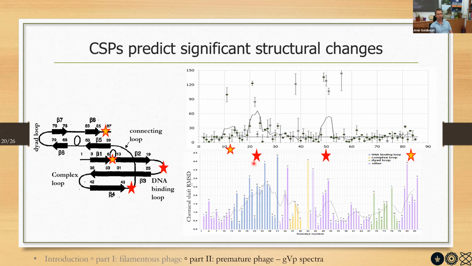These are marked in different colors. Overall, the RMSD is about 1.3 ppm, which is really large when you compare to supposedly similar structures. So naturally there's going to be a really significant change in the structure, and what we have to do is actually solve the structure.